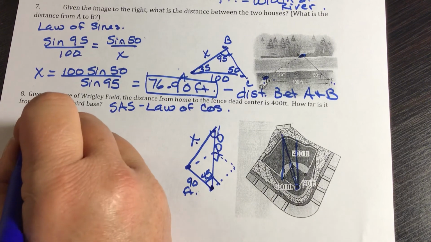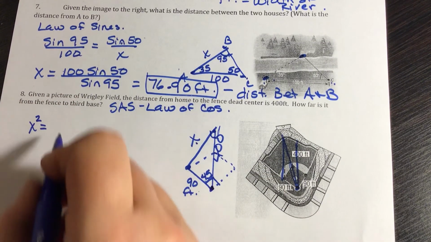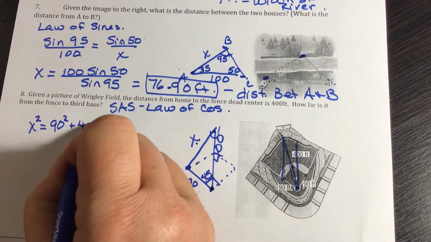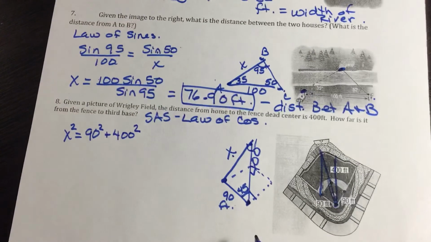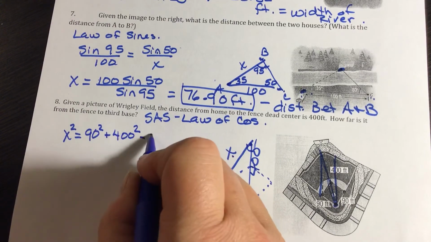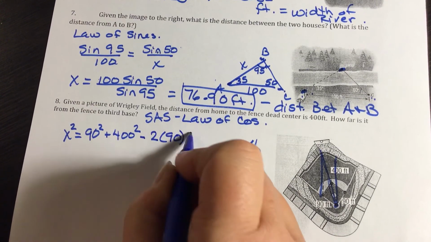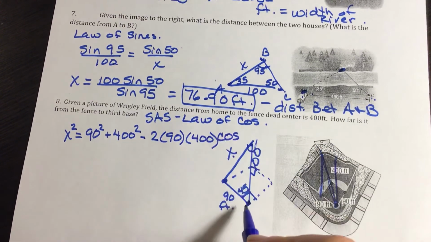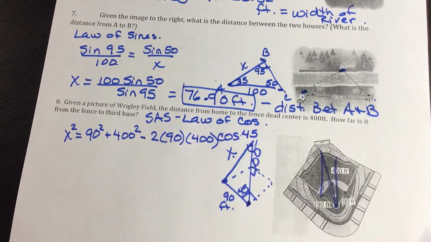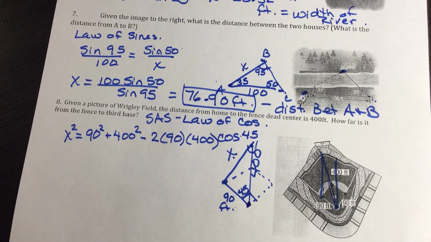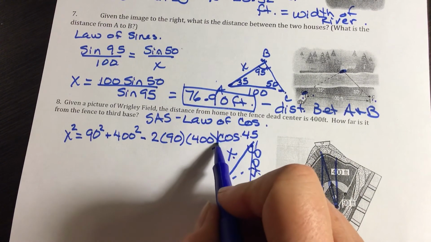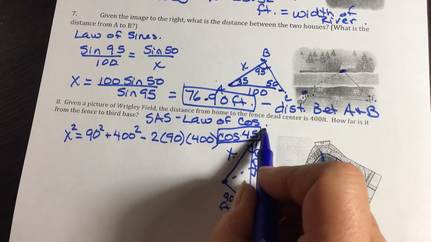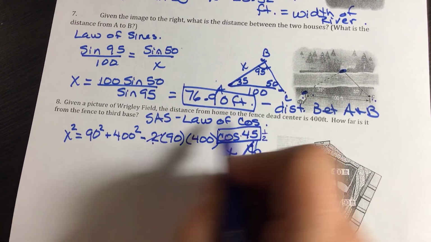So this is going to be x squared equals 90 squared plus 400 squared minus 2 times 90 times 400 times cosine of 45. All right, so I'm going to make this a little bit easier on us. Cosine 45 is 1/2. So if I have 1/2 and 2, those are going to cancel.